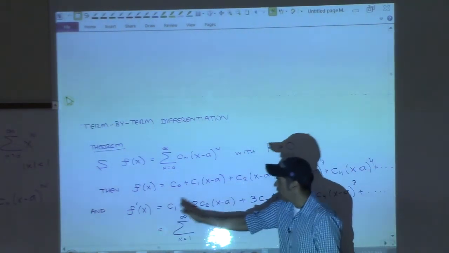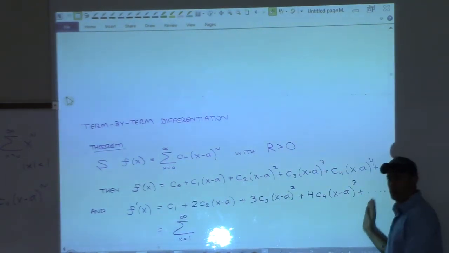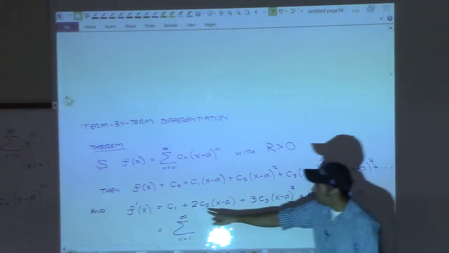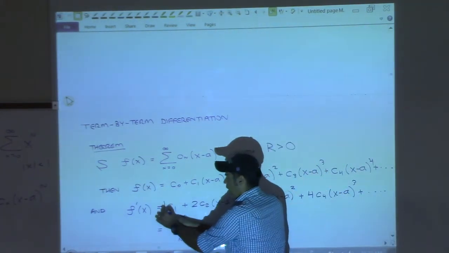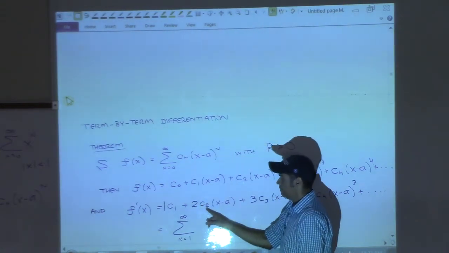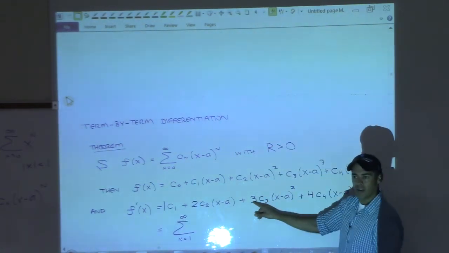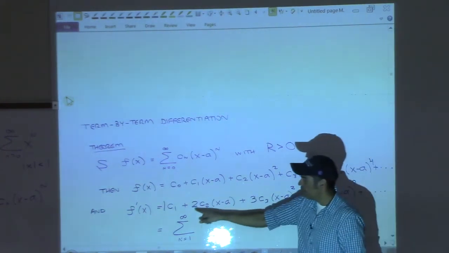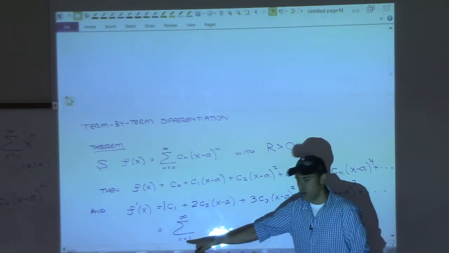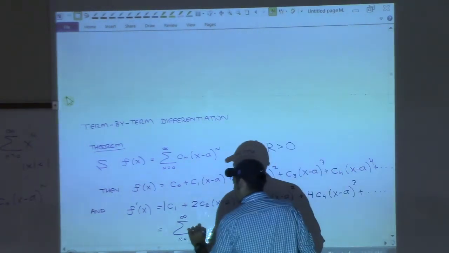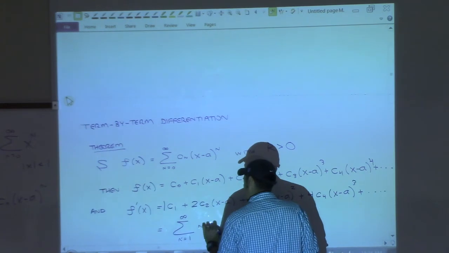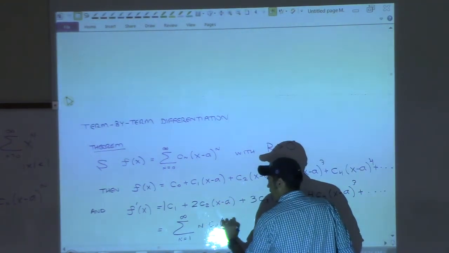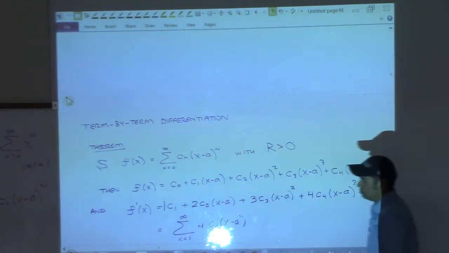It's c sub 1, c sub 2, c sub 3, c sub 4, c sub 5, c sub 6, right? But what about the numbers in front of those? Like, what's the number in front of the c sub 1 here? 1. What's the number in front of the c sub 2? 2. c sub 3? 3. c sub 4? 4, right? So the number in front is controlled by n, right? So this should just be n times c sub n, and then x minus a to what power?